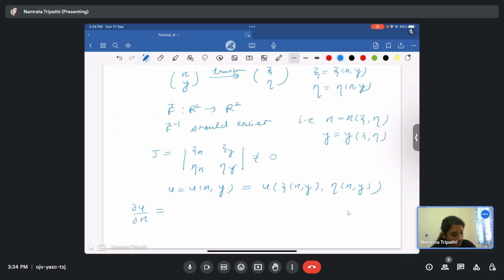Using chain rule, we have to calculate the value of del u upon del x in the form of xi and eta. So u is a function of xi eta. First we have to differentiate with respect to xi, and xi is a function of x. And u is also a function of eta, and eta is a function of x. This is the chain rule.